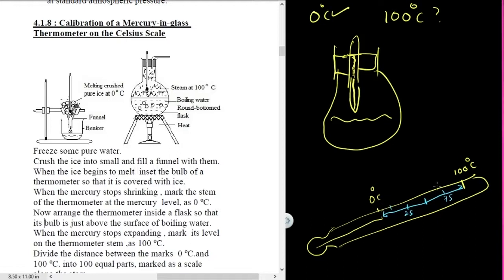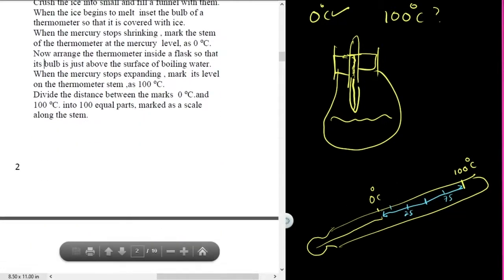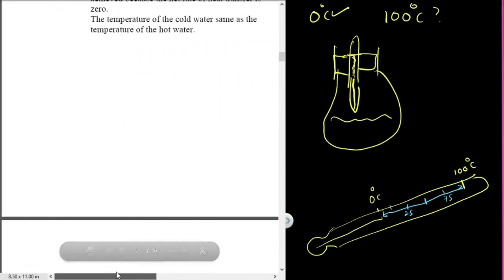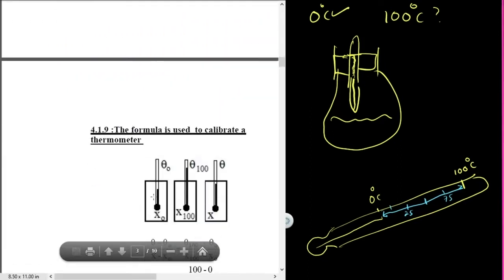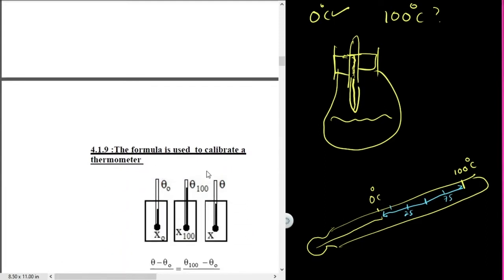You measure this length and then divide it equally into 100 parts, or whatever value you want to scale your thermometer. By doing so, we can determine the scale of the thermometer.